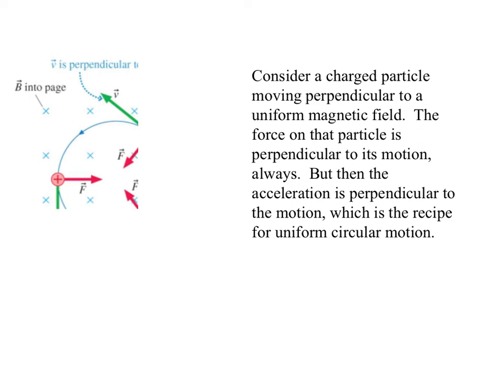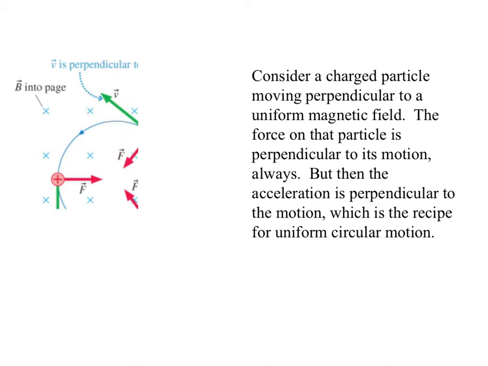All right, now consider a charged particle, let's say a positive one to make life easy, moving perpendicular to a uniform magnetic field. So there's a field in this case, as drawn, going into the board, into the page, and we have a positive charge which is moving this way, but then it would feel a force towards the southwest, and it would curve.